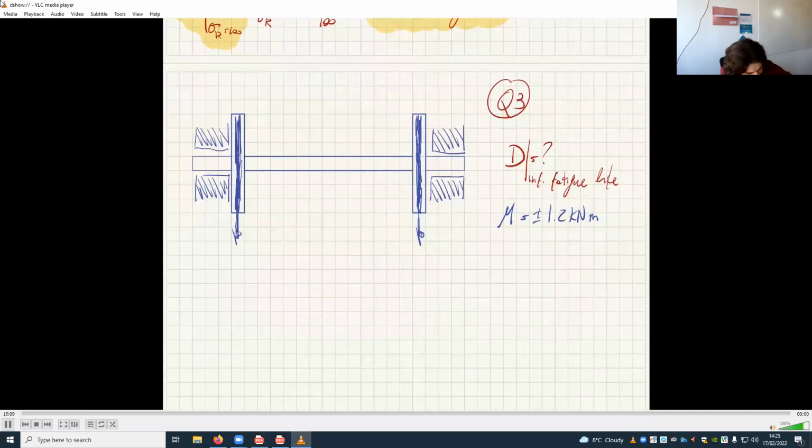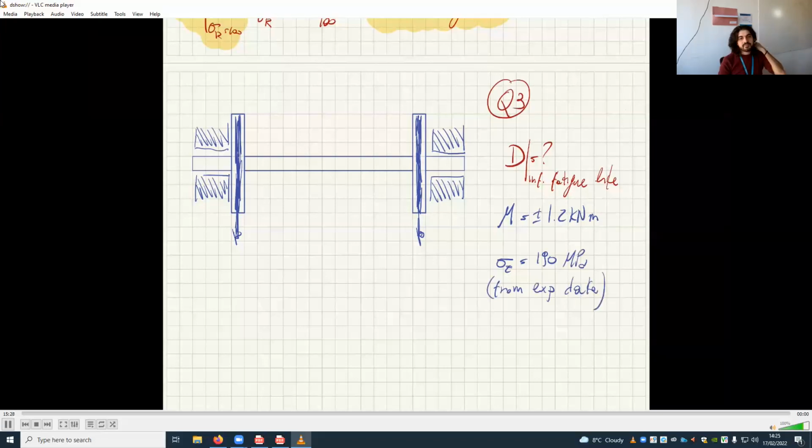So we have that sigma E is 190 megapascals, and this is from experimental data, so from the curves. Okay, now we must be below this stress.